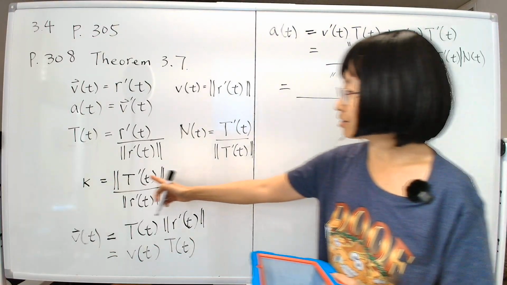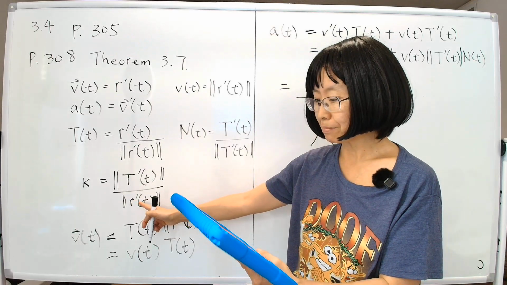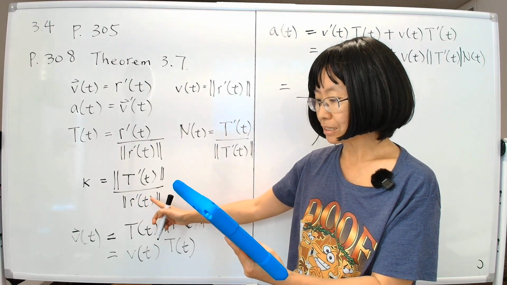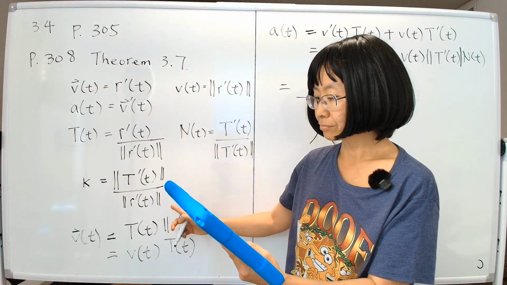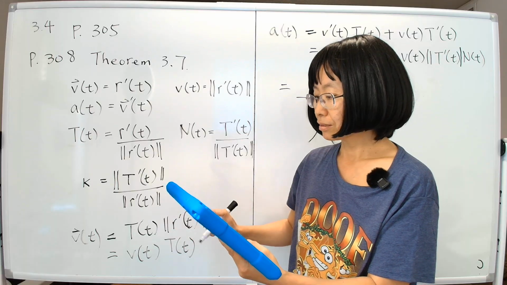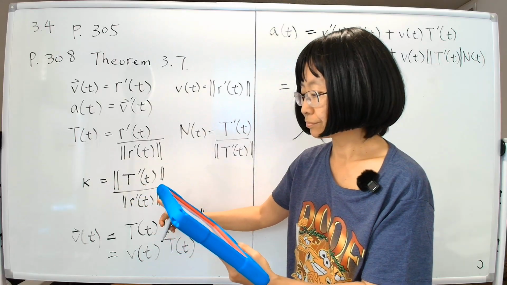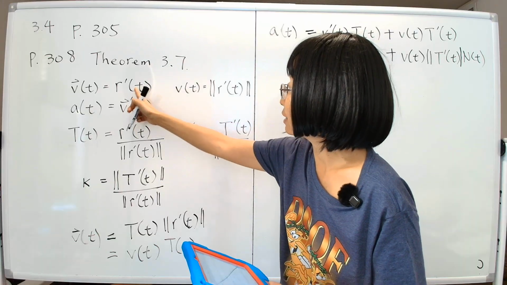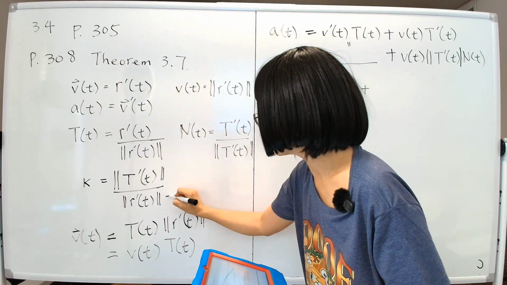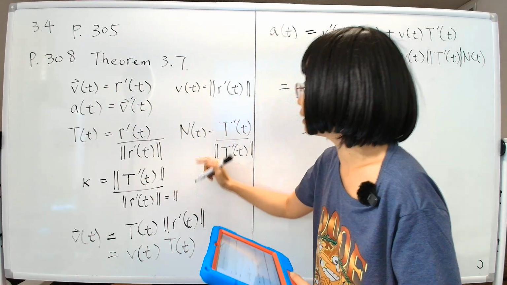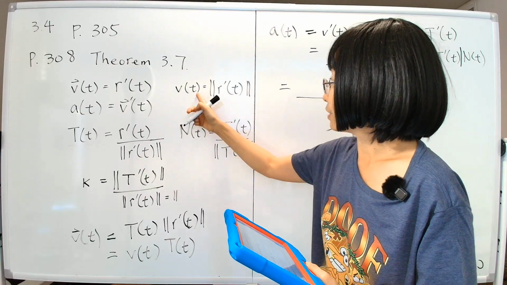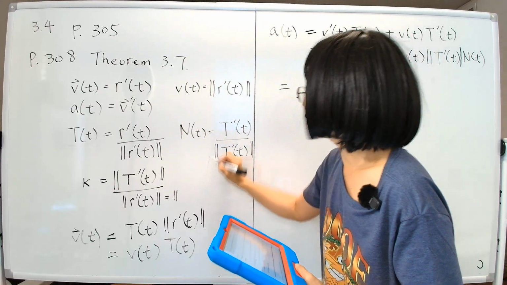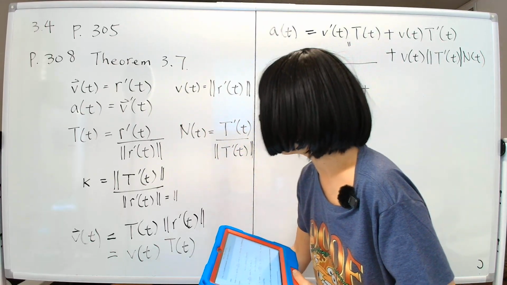Now we're focusing on kappa. And what is r prime of t? r prime of t is the same as v of t. Remember that? Yes, r prime of t is v of t. So the magnitude of this is the same as the small v of t.